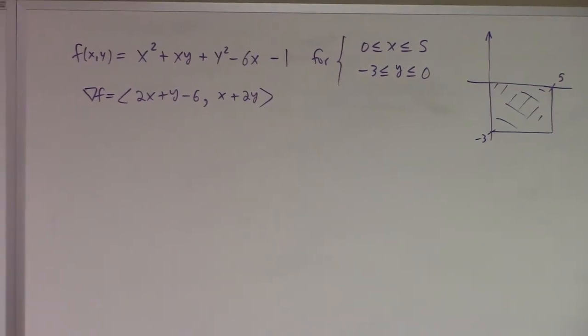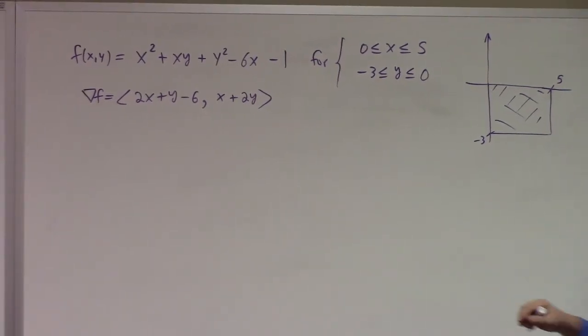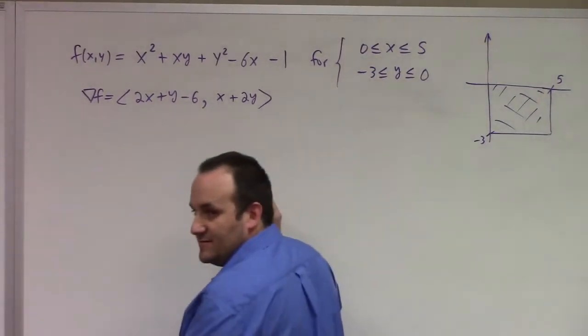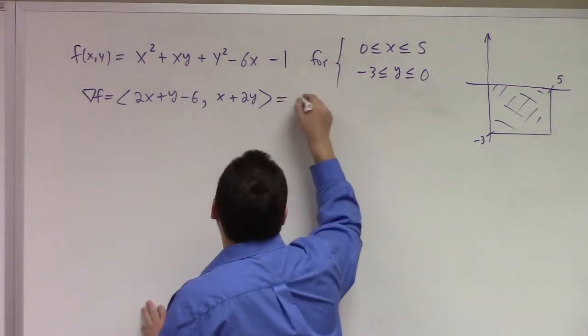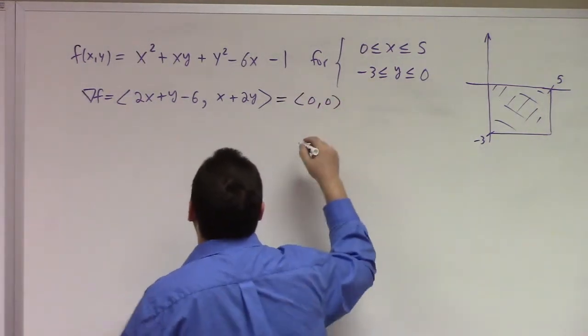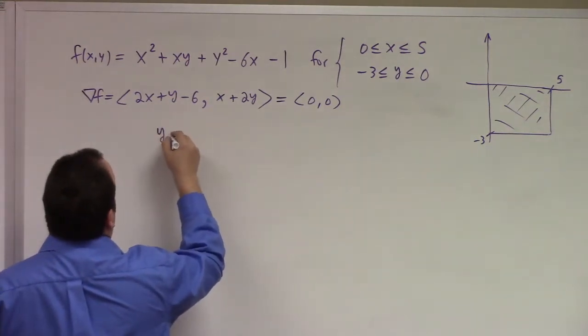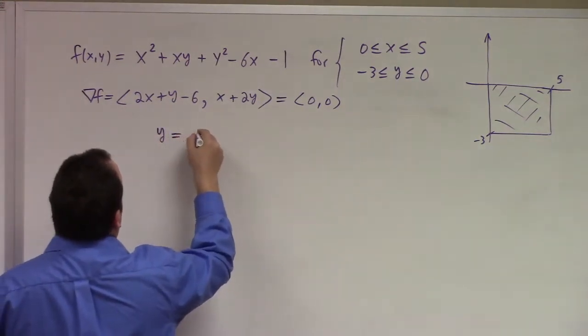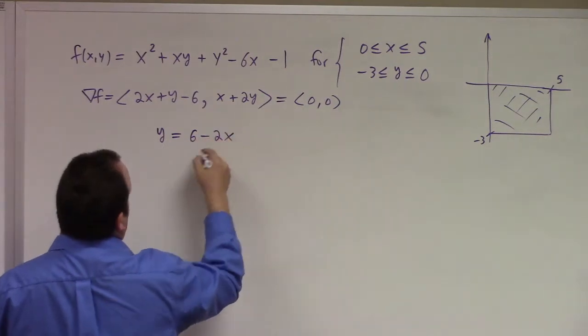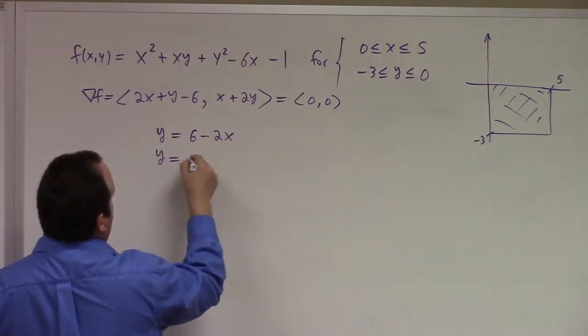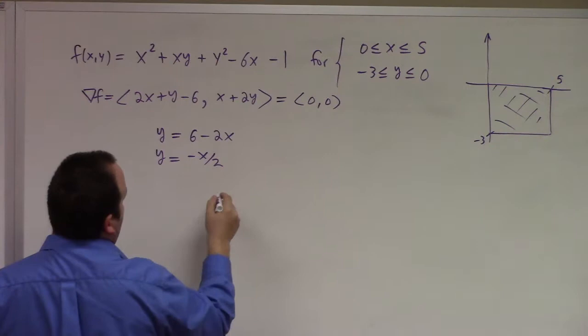Are we good? Okay, so you probably know what to do here, right? No? So we set this equal to 0, 0, and look for solutions. That's not too bad because these are lines. So I get y is equal to 6 minus 2x, and y is equal to minus x over 2.